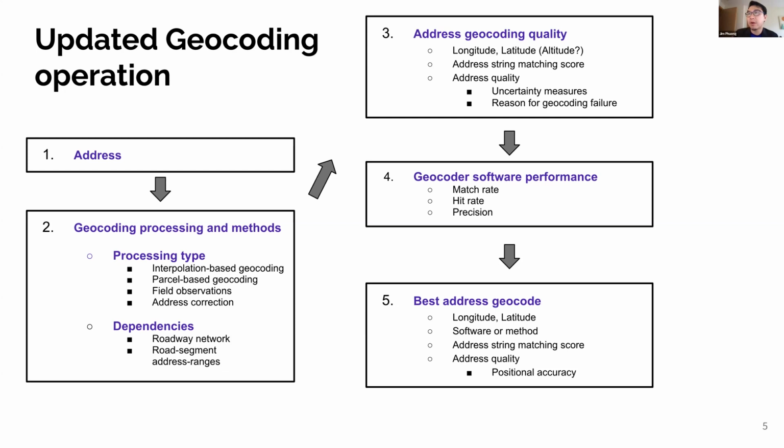And across the different types of geocoders, interpolated based and parcel based, there are different associated quality metrics that come with them. How do we gather all of that together, and then how do we reconcile it to define number 5, which is the best geocoder, and then that's the one that we would use for the linkage with environmental data.